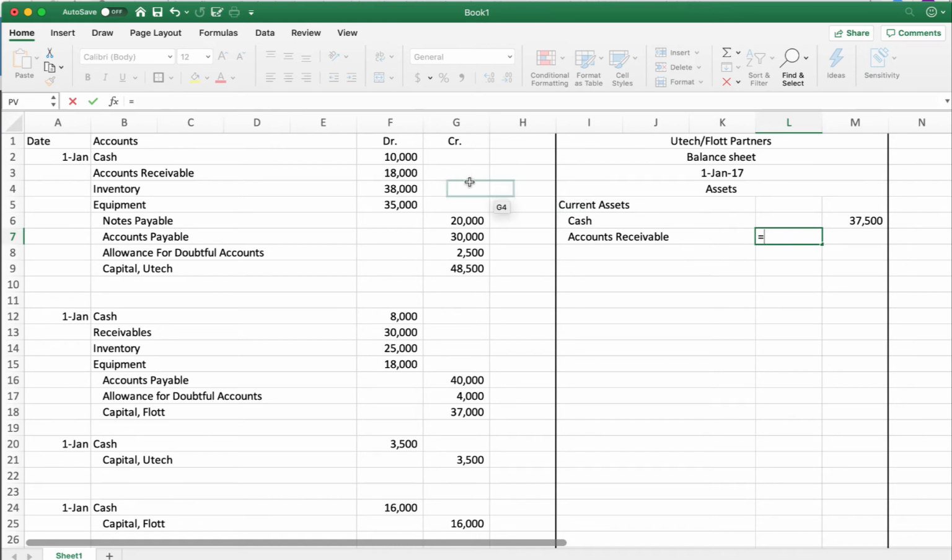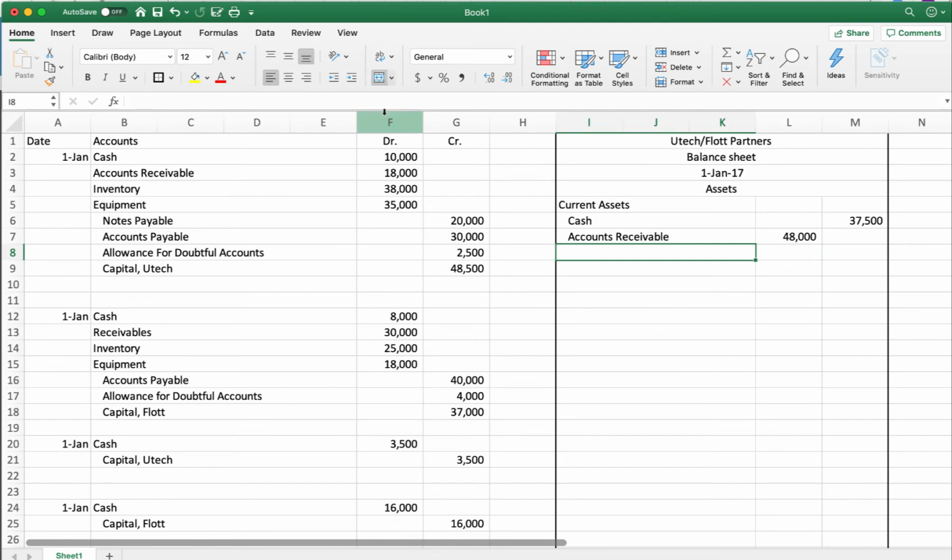If we look at January 1st, the UTEC journal entry, they contributed $18,000 into this partnership. Float contributed $30,000 of accounts receivable into the new partnership. I get a total of $48,000 of accounts receivable that the new partnership has.